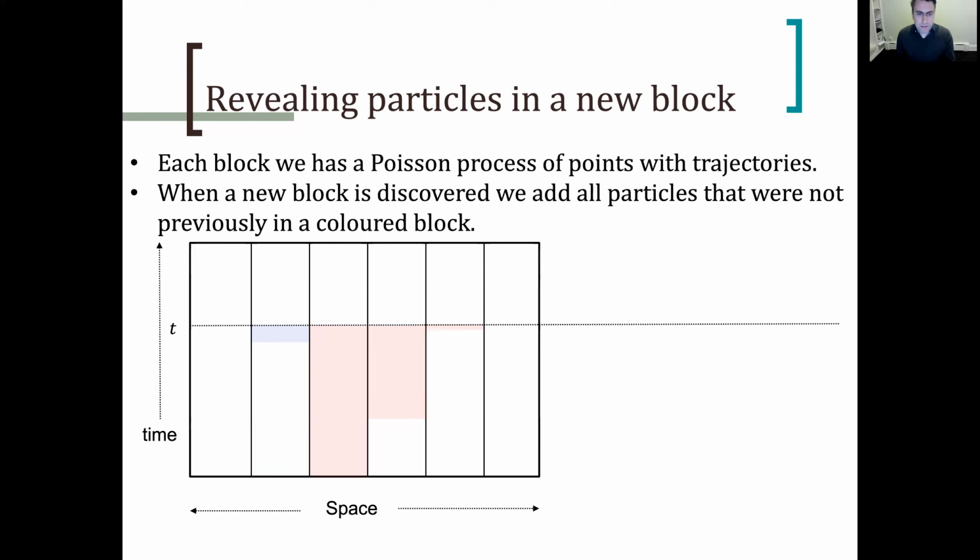So in this view, space is on the x-axis and time is on the y-axis. Each column would represent a block. And so imagine at time t, this block gets colored for the first time. So we could generate a Poisson process for that block, but this doesn't take into account the fact that the particles had to have avoided the colored region up to that time.